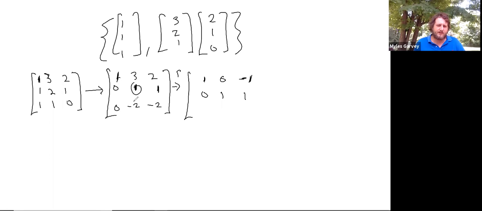Now do the same thing for the 2. How do I get rid of -2? I multiply this whole row by +2. 0 times +2 plus 0 is just 0. +2 times 1 is 2, -2 is 0. 2 times 1 plus -2 is again 0.